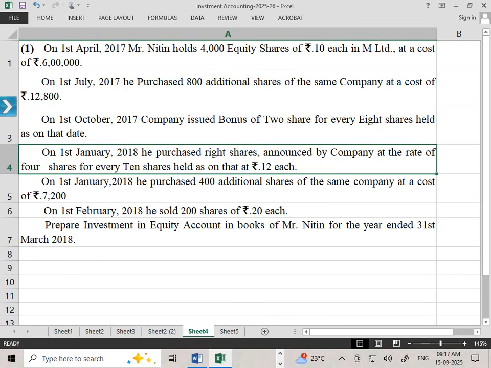So the company has declared a right issue, and Mr. Nitin has applied for all of it. What is the ratio? 4 shares for every 10, that means 10 is to 4. If you hold 10 shares, you will get 4 shares on that day.